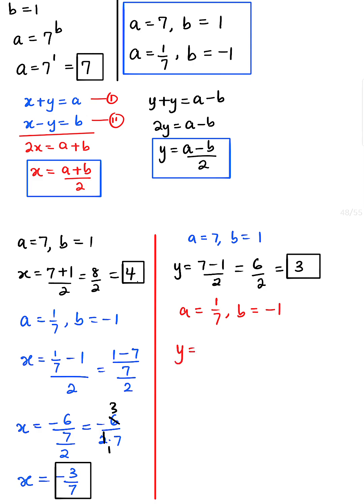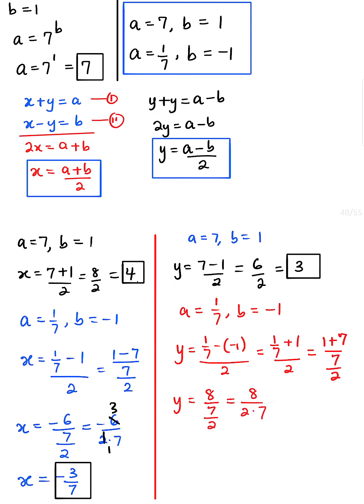So y will then be 1 over 7 minus (-1), all over 2. So this becomes 1 over 7 plus 1 all over 2, which gives us 1 plus 7 all over 7, all over 2, so y equals 8 over 7 all over 2, which gives us 8 over 2 times 7. Now 2 divides into 2 once and into 8 four times, giving us 4 over 7. So the second value of y is this.